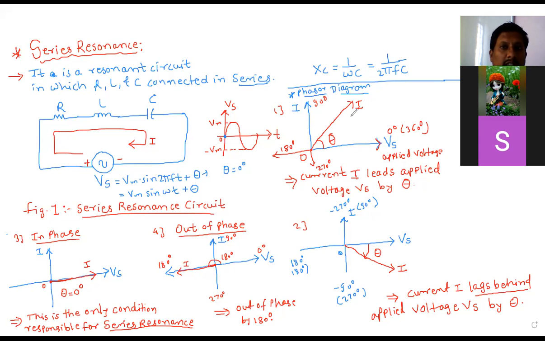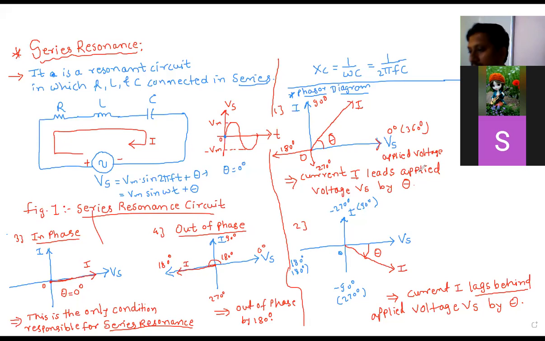So this is about today's introduction part of resonance, and the series resonance circuit introduction we have completed. In the next lecture, we can start the derivation and some more concepts related to series resonance circuit.